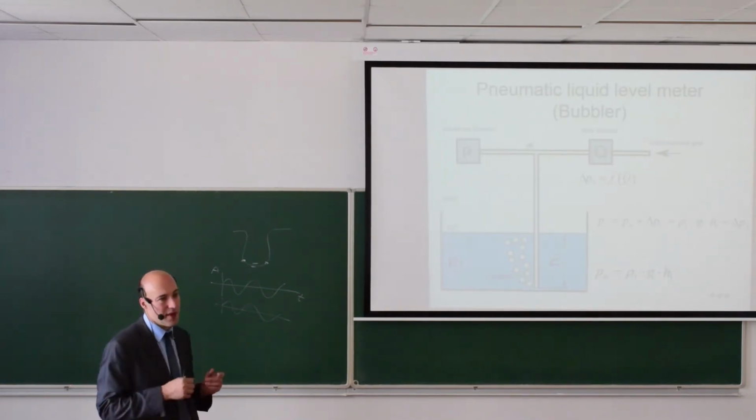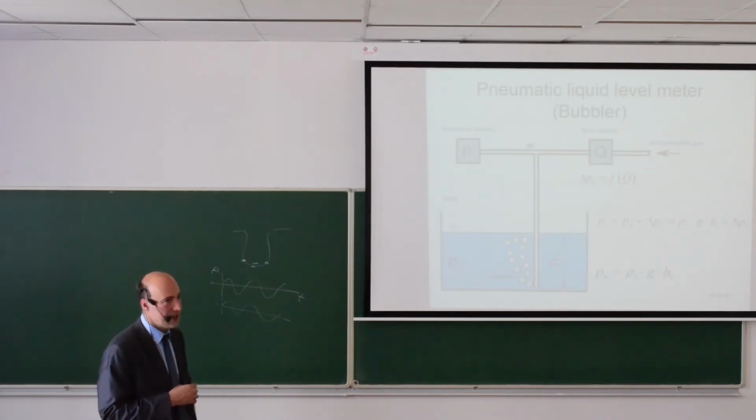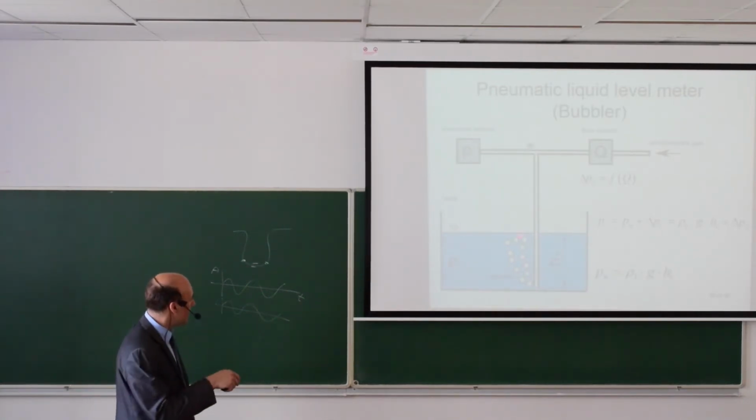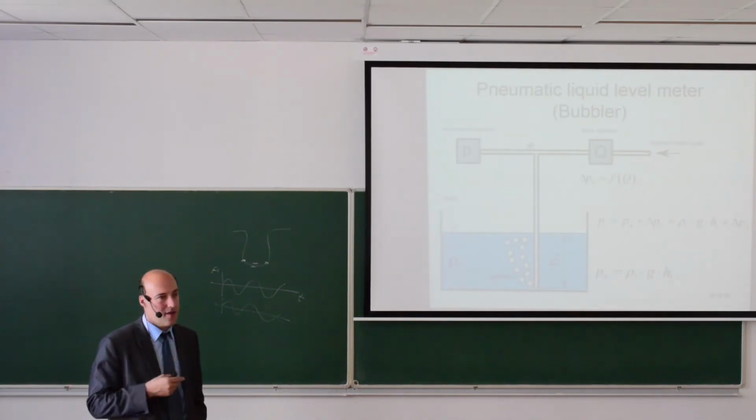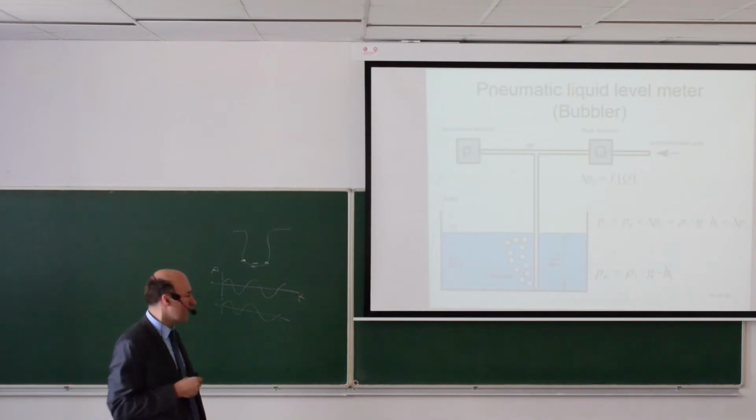It can be from ceramics, stainless steel, plastic, whatever you want. And here we are blowing air into the tank. So we need a source of compressed gas, typically air. We blow this in the tank, and we have some bubbles.